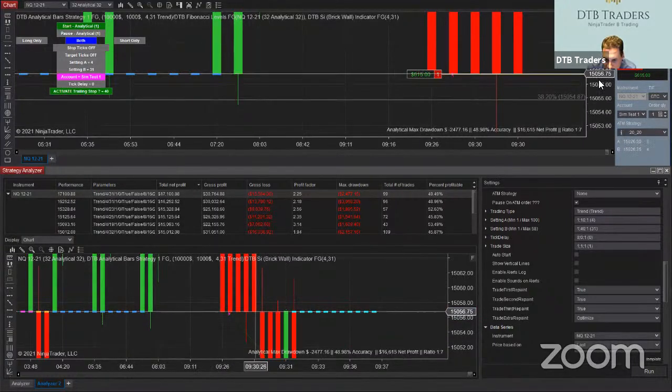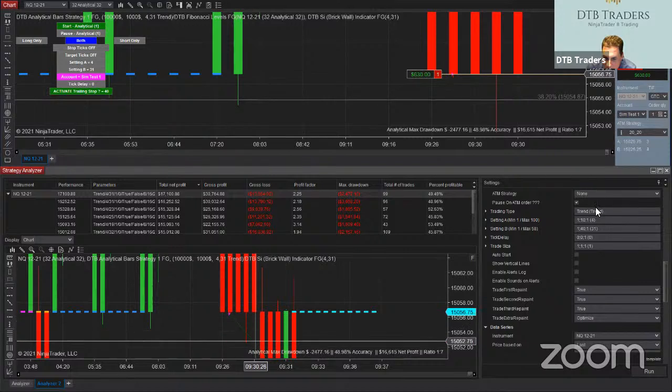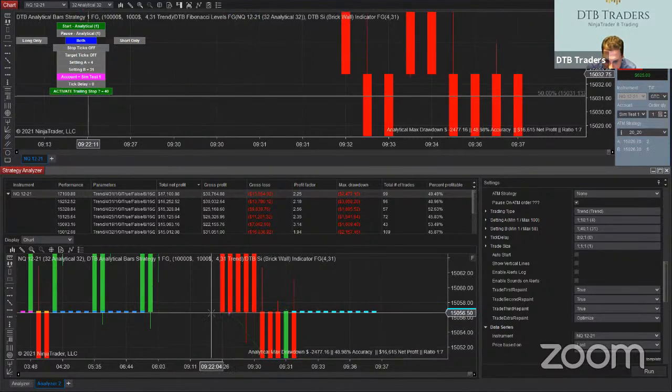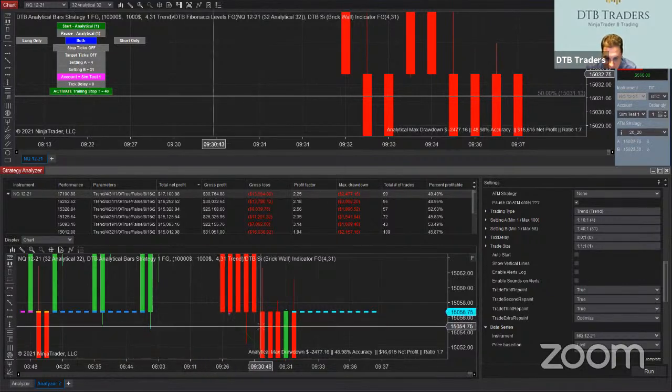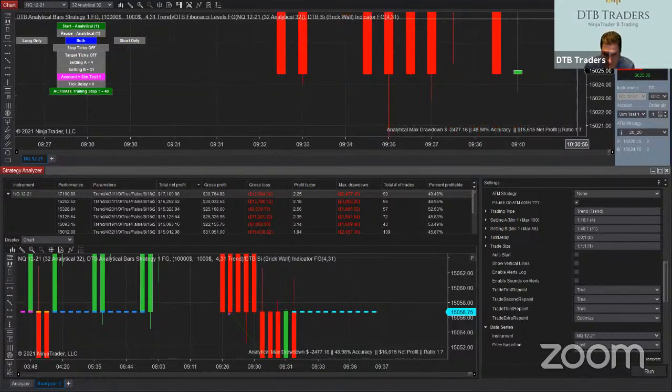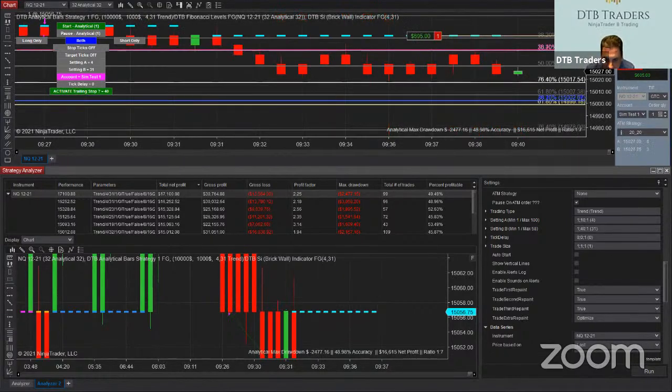Oh well, it's basically showing there, you see. It actually gave us a better entry on the trading chart than what the strategy analyzer said. So basically the analyzer is saying that the entry was one tick lower than what the actual trading chart had entered. So there we go, one tick in our favor from our trading chart compared to our analyzer.